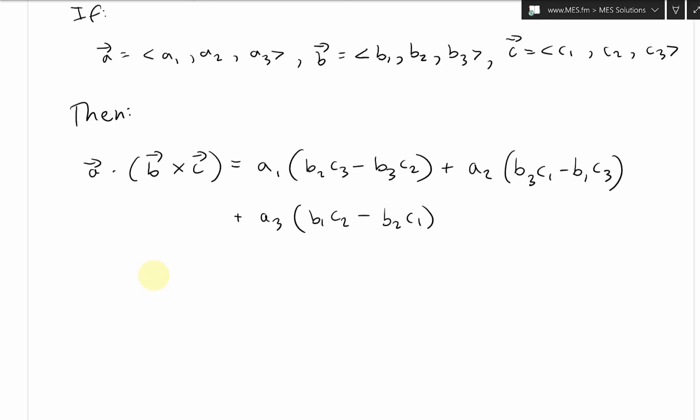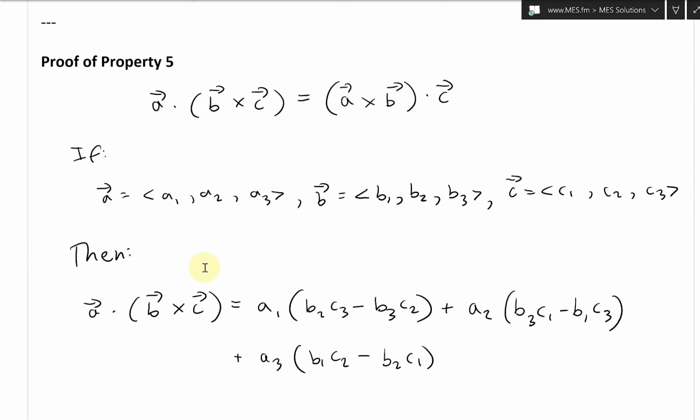And now what we're going to do is multiply this all out, and then we're going to take out the C's, instead of A1, A2, A3, to make it look like this dot product.